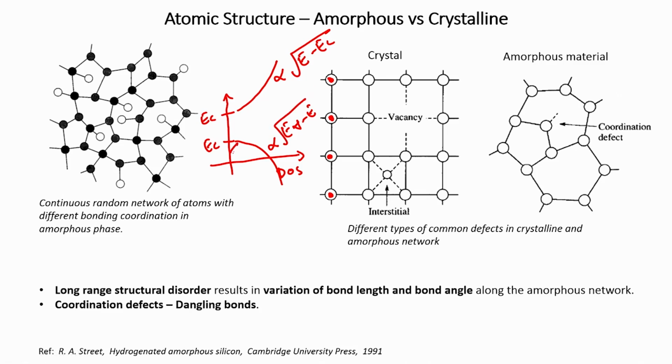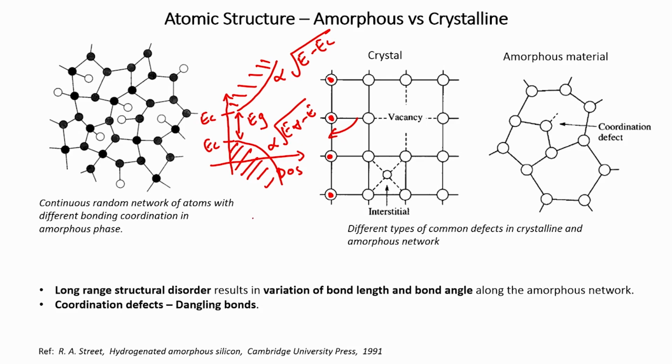That is, we had states in these regions, and then we had a band gap of energy Eg, and in the band gap there were absolutely no states.